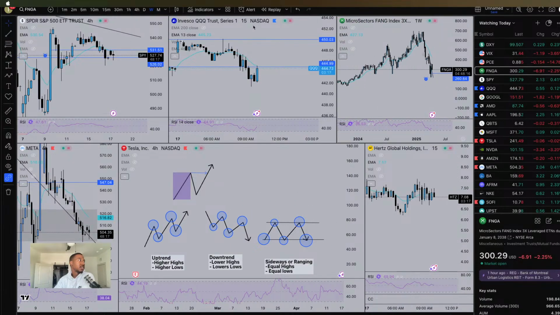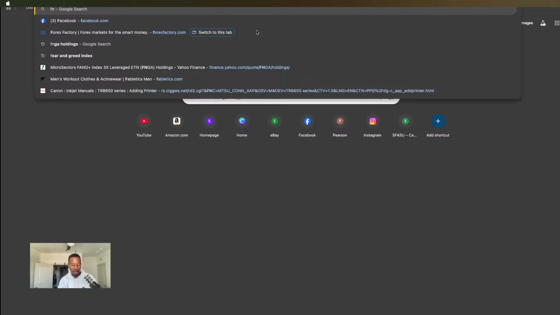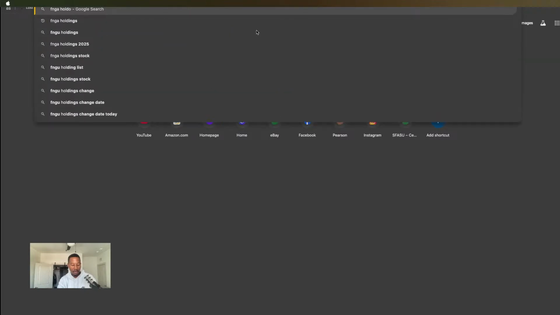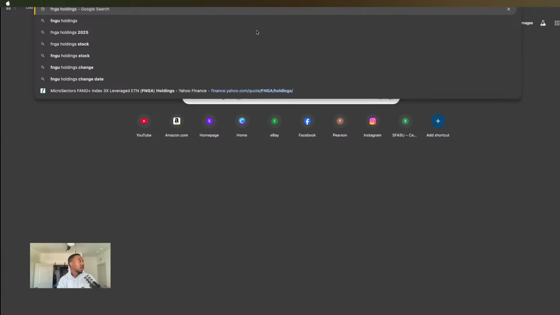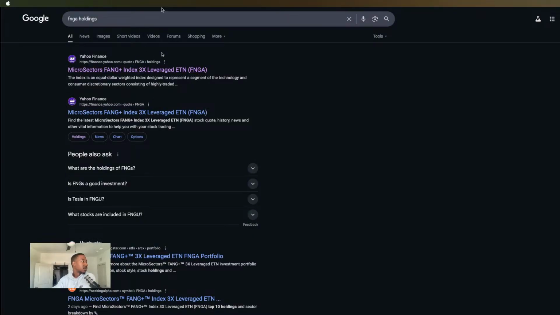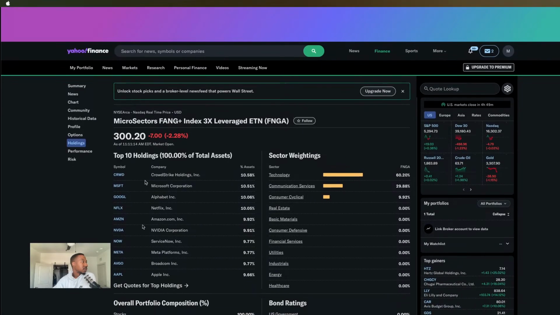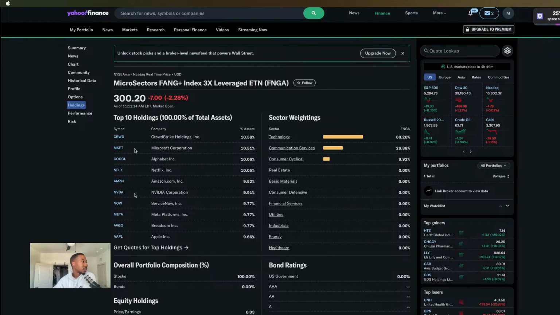If we look at the holdings for FNGA, it's 10% CrowdStrike, 10% Microsoft, 10% Google, 10% Netflix, almost 10% Amazon, almost 10% Nvidia. Not familiar with ServiceNow, if I'm being honest, but Meta, Broadcom, Apple.